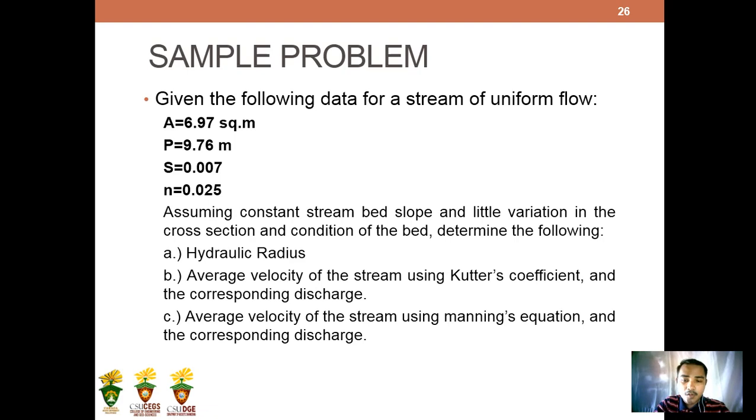Assuming constant stream bed slope and little variation in the cross-section and condition of the bed, determine the following.